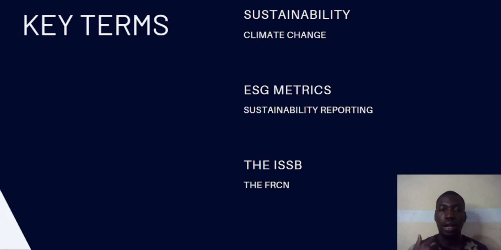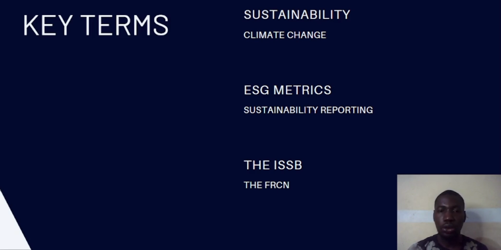So the fact that IFRS dictates financial statements means IFRS can dictate sustainability reports, because sustainability reports are related to the financial statements of the company. They must be presented alongside the financial statements of the company in a reporting year.